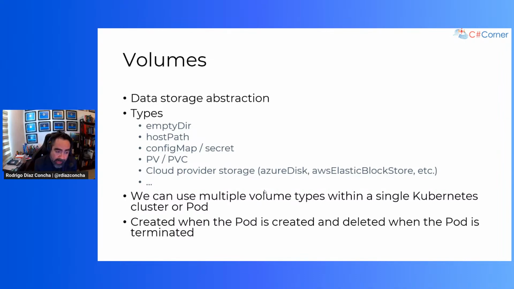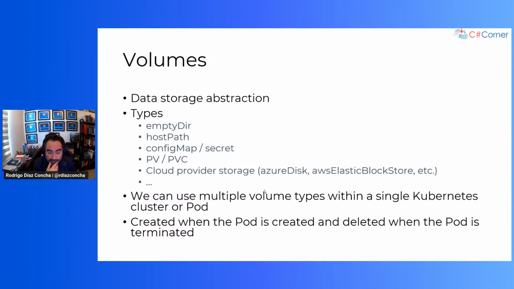So there are different types of volumes, and actually we can use multiple volume types within a single Kubernetes cluster or pod. This is common because maybe you want some pods or applications to use this particular storage, and you want these other pods or applications to use this other storage, right? So you're not constrained into a single storage type.